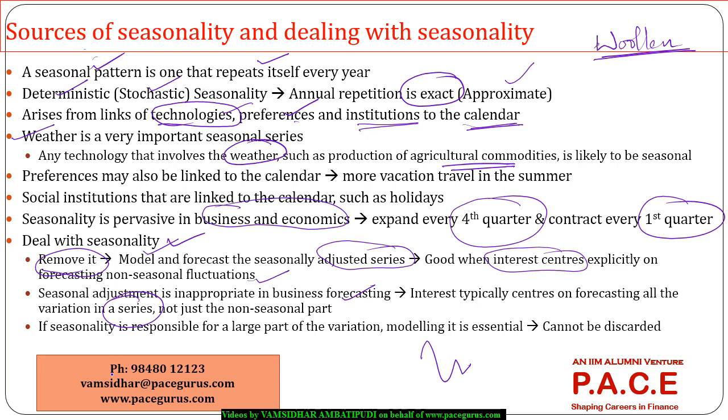So I need a trend model to be forecasted as well as include the seasonality component also into it. Because in business forecasting, I'm not looking only at the big picture. I also want the minute level fluctuations that are going to come up. Wherever you find seasonality is responsible for the largest part of the variation, I need to consider it as a part of the model. I cannot ignore it at all.